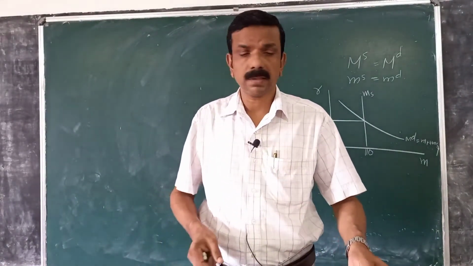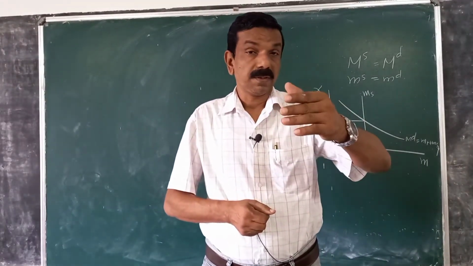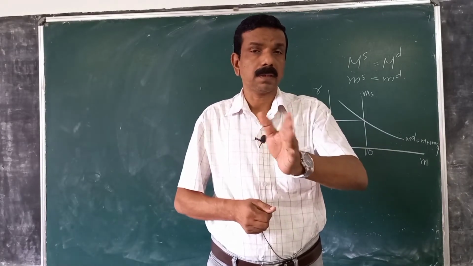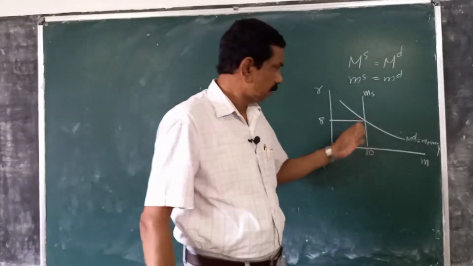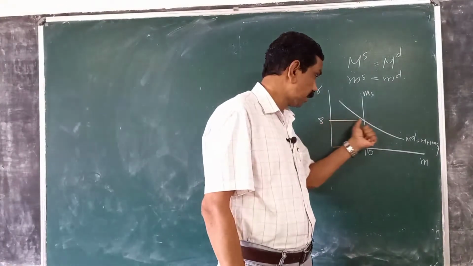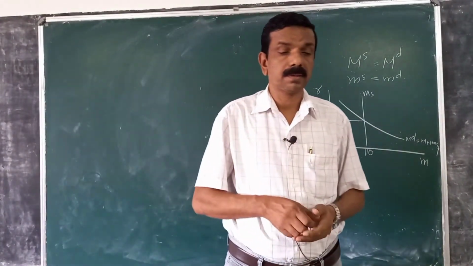In the Keynesian analysis, the rate of interest is a monetary phenomenon determined by the supply of money and the demand for money. So when the supply of money is 110, the rate of interest of 8% ensures that money supply is equal to money demand.